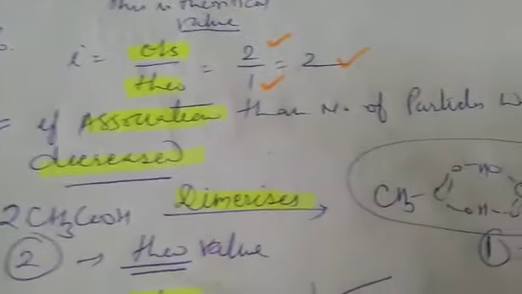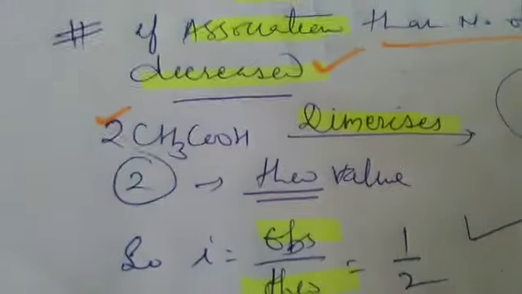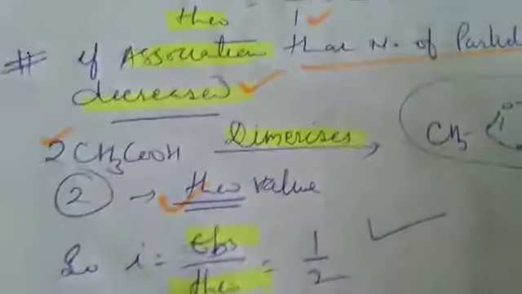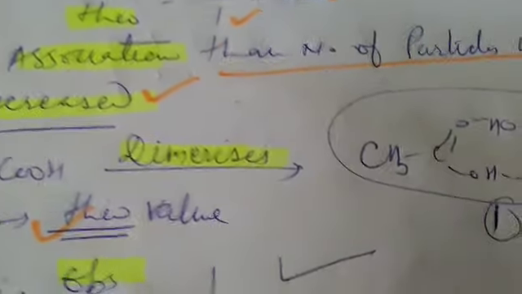Now if association takes place, then the number of particles will be decreased. We can take an example of acetic acid. We are adding 2 particles. This is the theoretical value, and it is undergoing dimerization in solution.